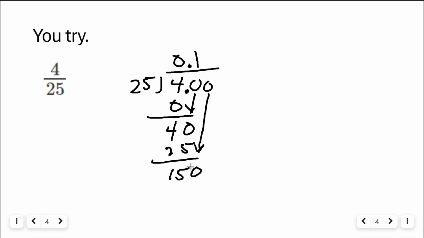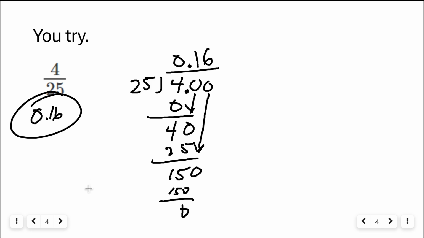Bring it down. 25 will go into 150. I know it will because I can make $1.50 out of quarters, right? How many quarters would it take to make $1.50? 6 of them. So 6 times 25 is $1.50. No remainder. So this is 0.16 or 16/100ths.